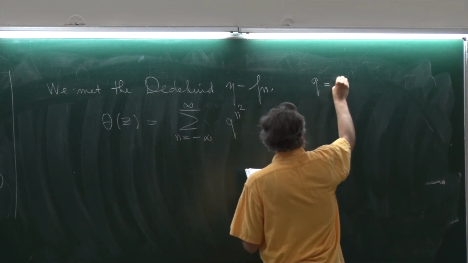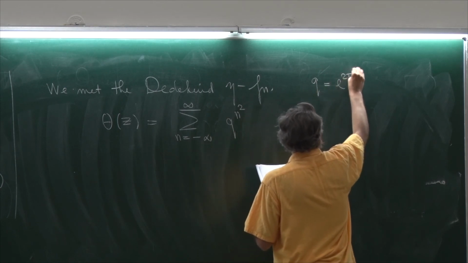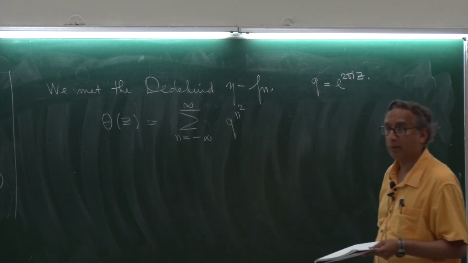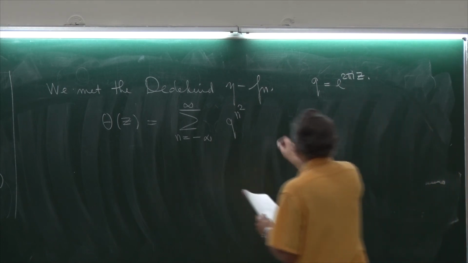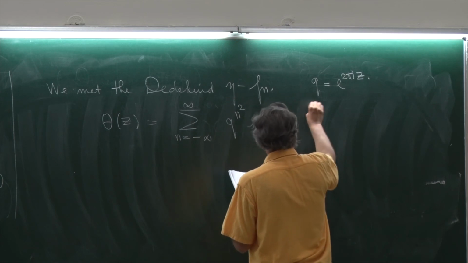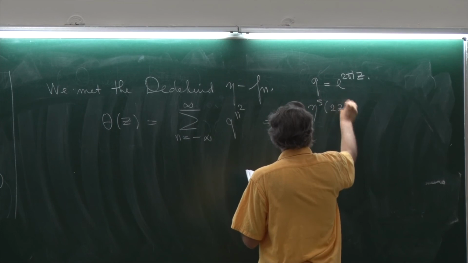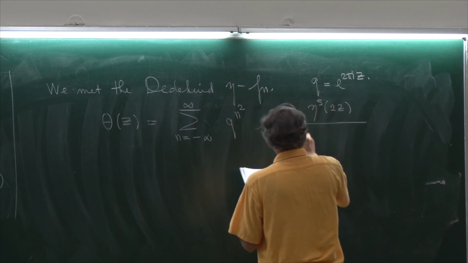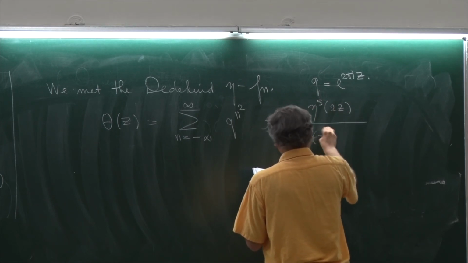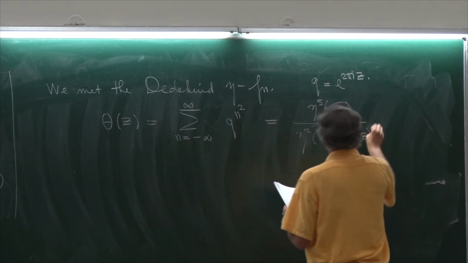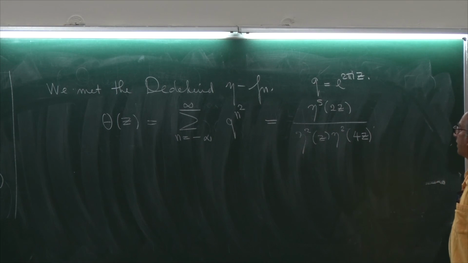q is equal to e to the 2 pi i z. And using the Jacobi triple product identity, it's not difficult to see, and we already saw it actually, you just have to review your notes, that this is equal to this.